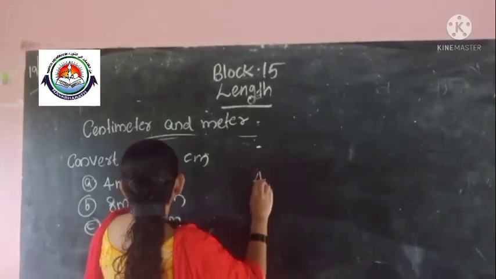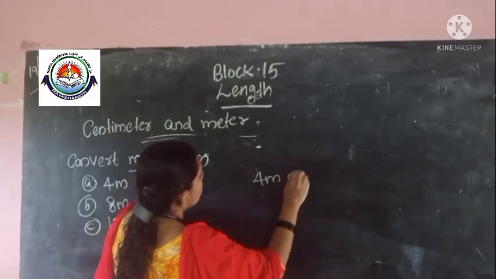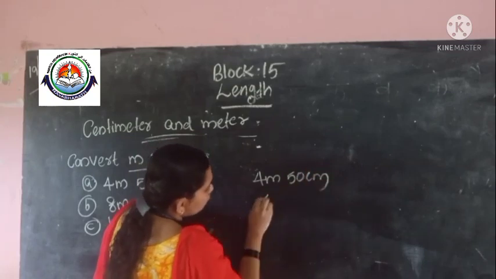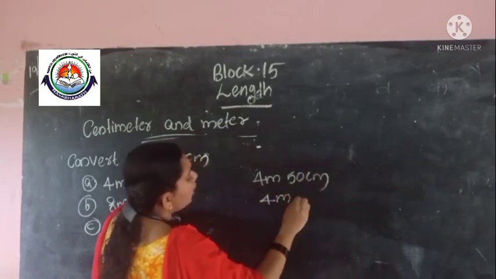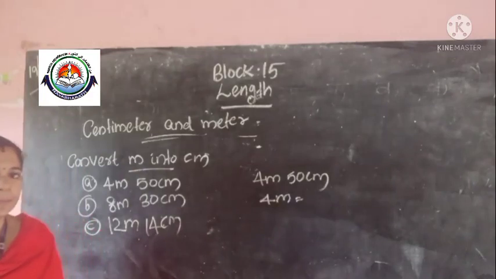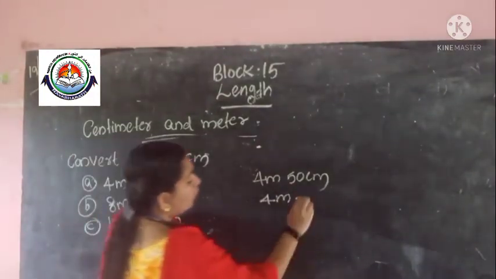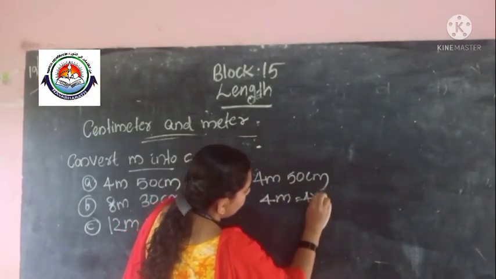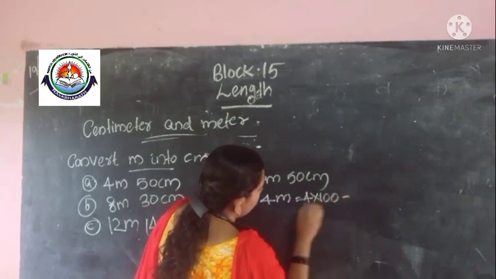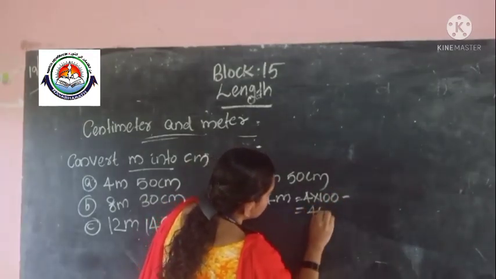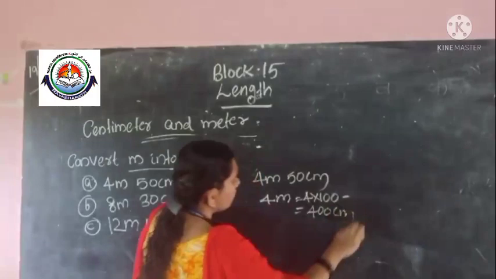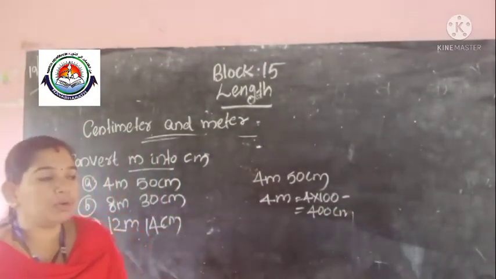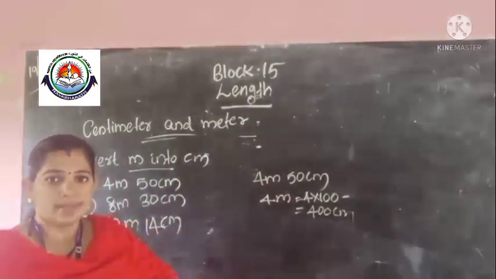So first question, 4 meter and 50 centimeter. Just convert 4 meter. In 4 meter how much centimeter? Yeah, 4 into 100 is 400 centimeter. So our answer is 400? No, here already 50 centimeter is there.